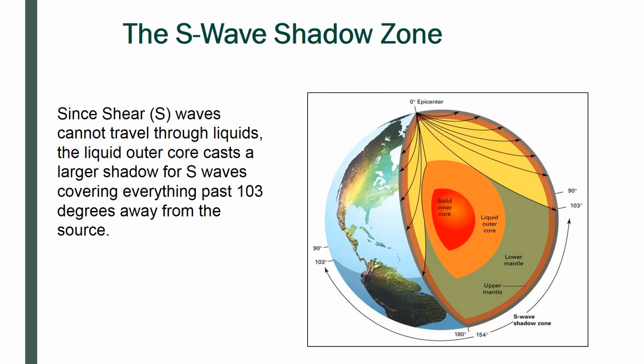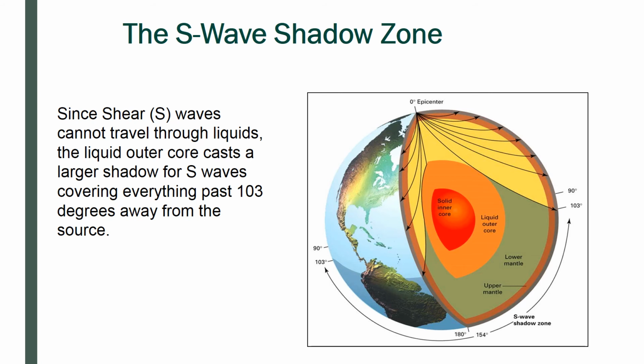If you have earthquake stations distributed along the surface of the earth, you will find some of those stations don't record S waves. And as we know that S waves don't travel in solid media, so if you don't receive them, it means that they passed through a liquid. So that's why you don't receive them. They cannot travel through liquids.